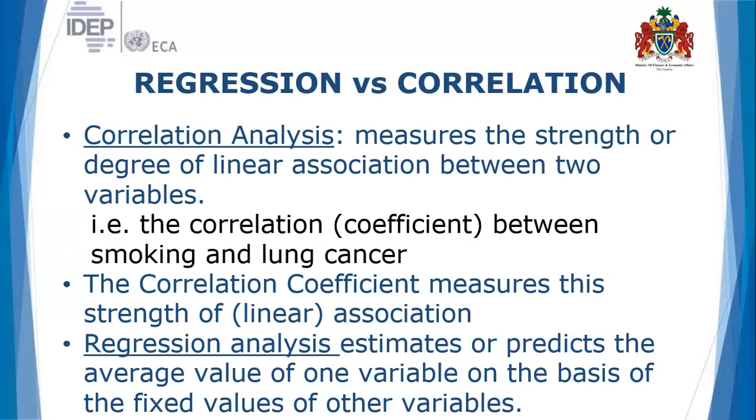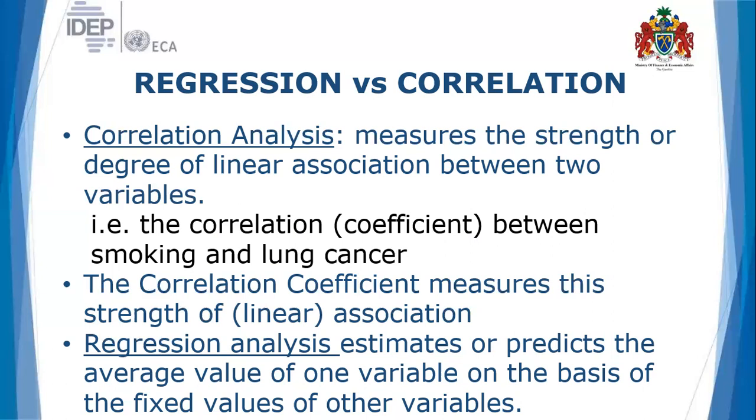For example, between smoking and lung cancer, we can establish the correlation, the association. Is smoking associated with lung cancer? So correlation can show us that there is association or no association. But correlation does not mean causation or cause-effect relationship.